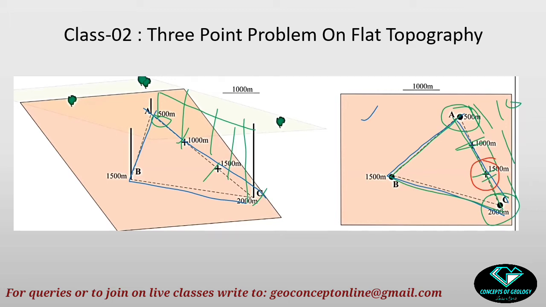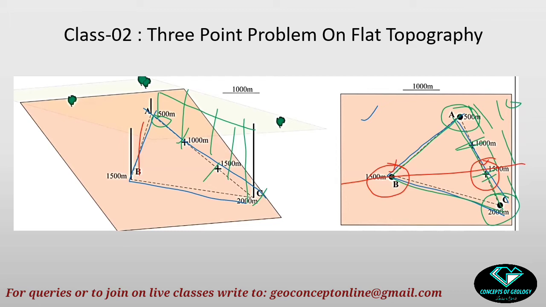Now remember, I have already drilled a borehole at B, which encountered the unconformity at 1500 meter depth. So if I join these 2 points, 1500 meter and 1500 meter, in map view, I will get a strike line. This will be a contour line also.